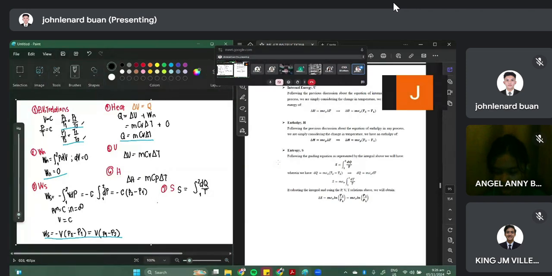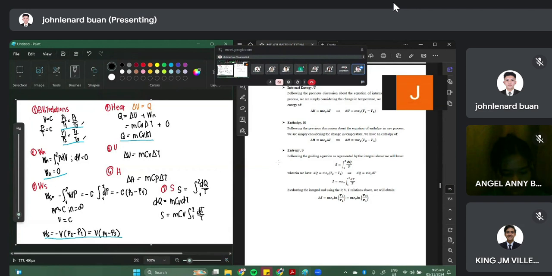Whereas we all know that dq is equal to mCv delta T. So substituting the value of dq, we have here mCv integral of dT over T.